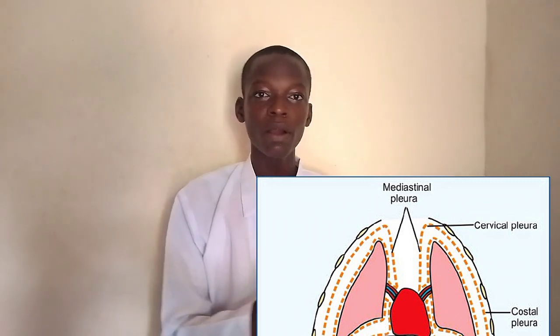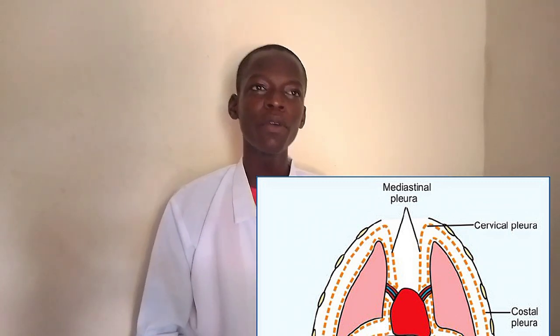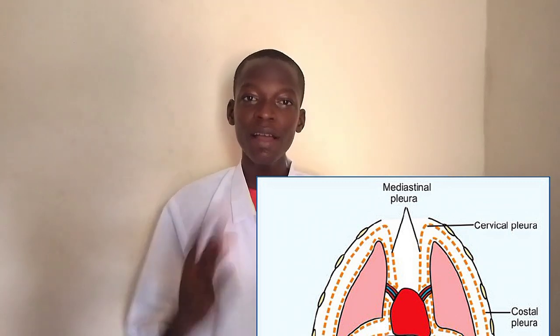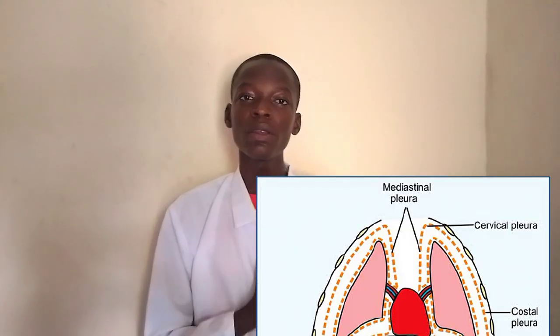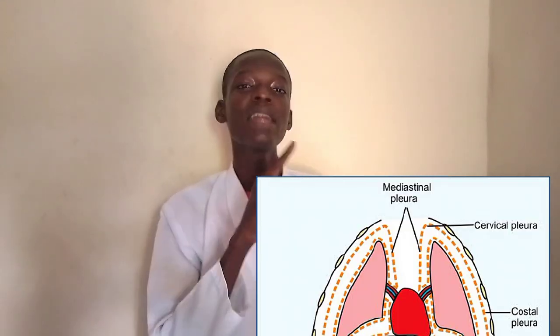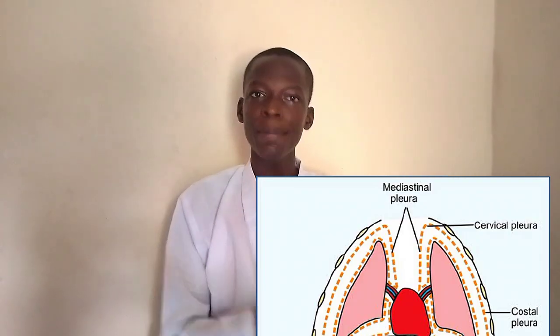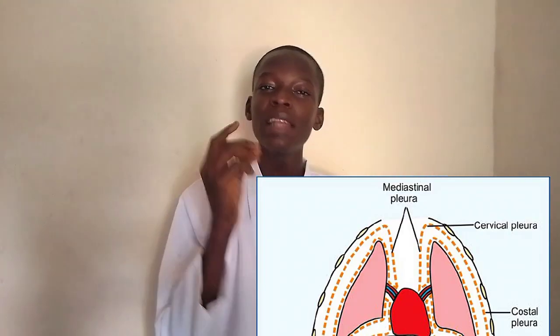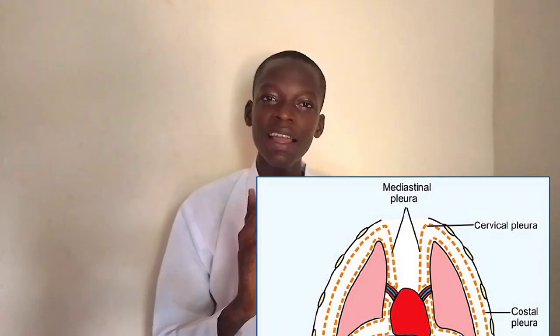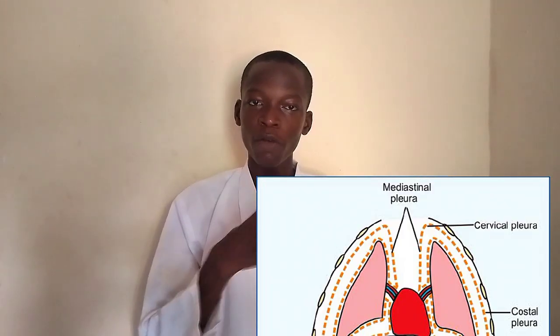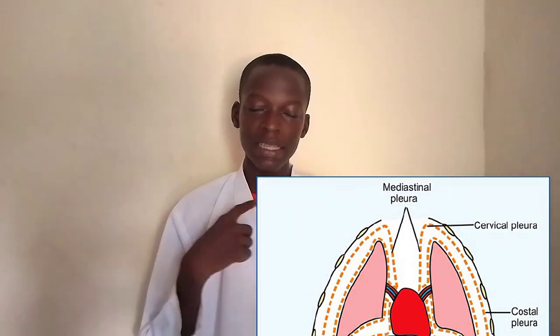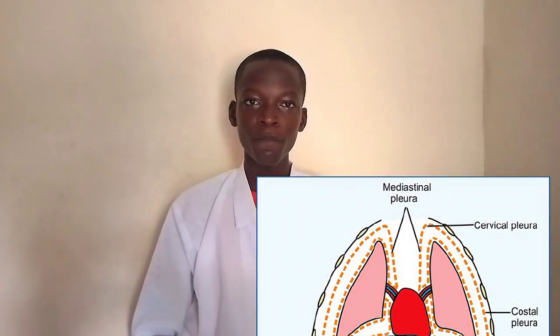The cervical pleura covers the apex of the lungs. You know that the apex of the lung is located superiorly. It extends into the root of the neck. Let us take note that the cervical pleura is the dome of the parietal pleura, and it extends into the root of the neck.